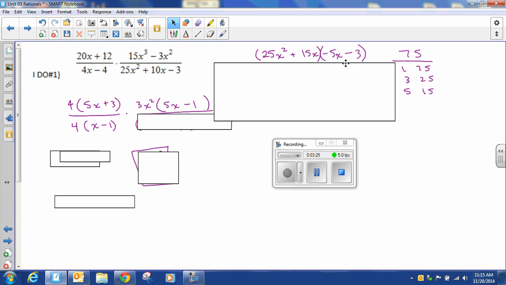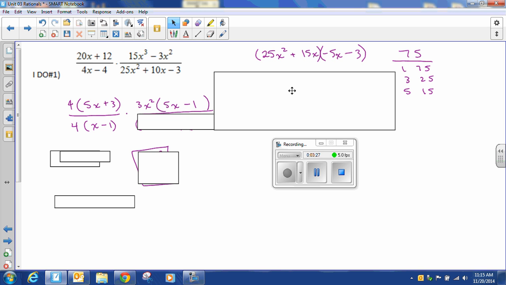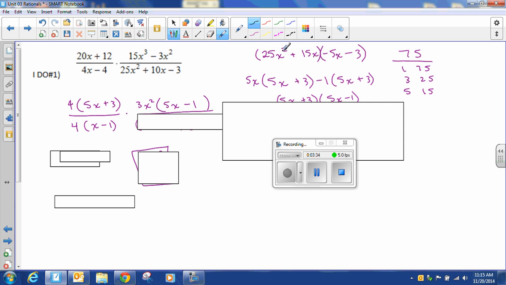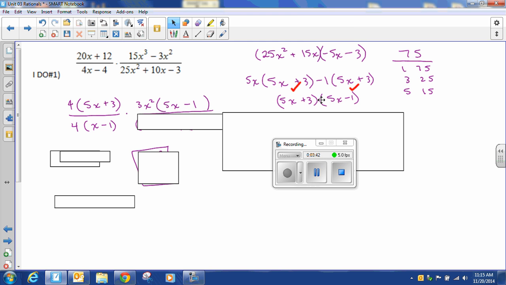And now I put these in parentheses because we are factoring by grouping. I'm extracting the 5x here and the negative 1 here, leaving identical binomials in the parentheses, which means we're on the right track. And finally, we extract 5x plus 3 GCF, so it's 5x plus 3 times 5x minus 1.